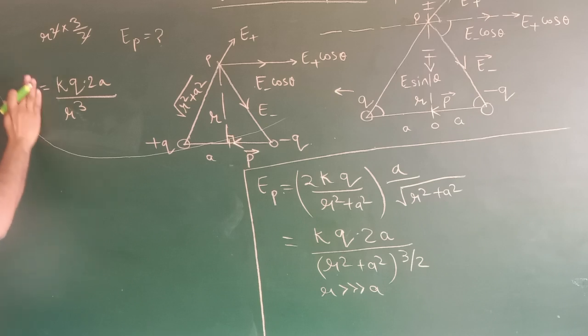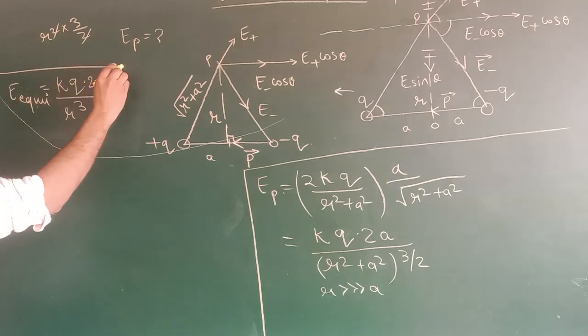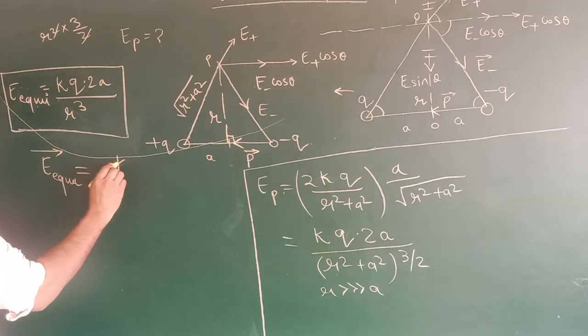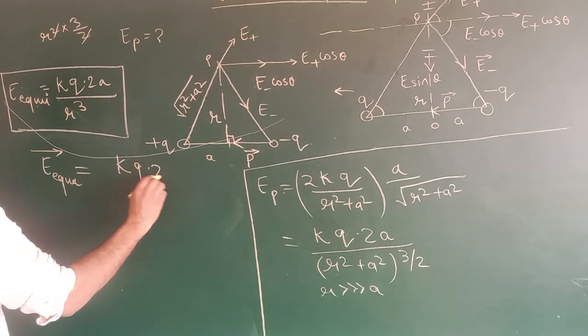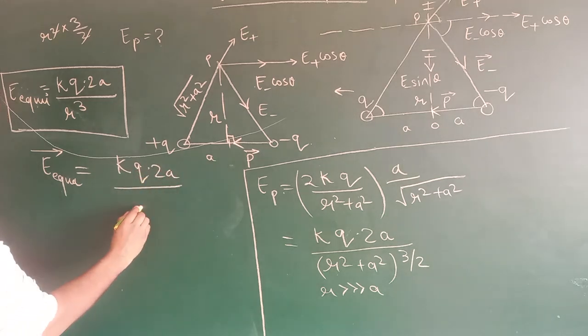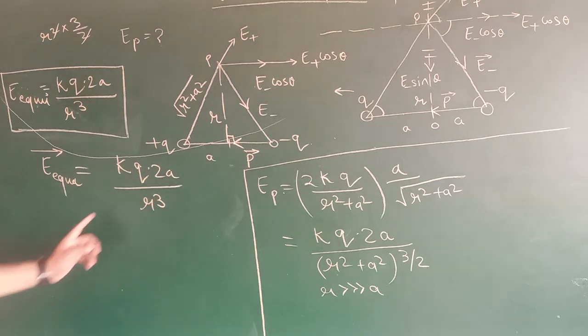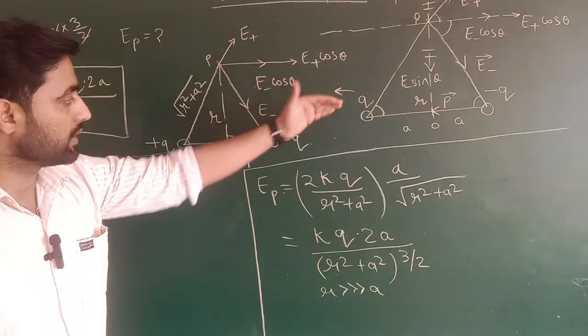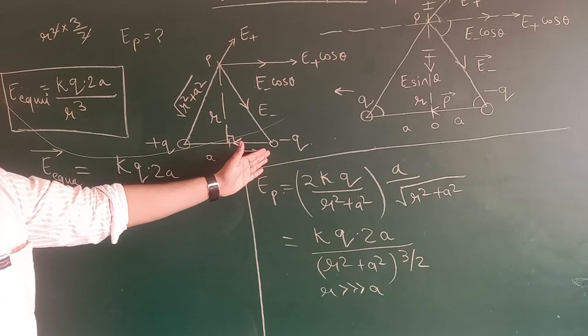So I am writing it as E equatorial. So this is the final formula. In order to represent this formula in vector form, I will write it as vector E equatorial equals kq 2a divided by r cube, and as it is very clear from the figure also, resultant is in opposite direction from the direction of the dipole.